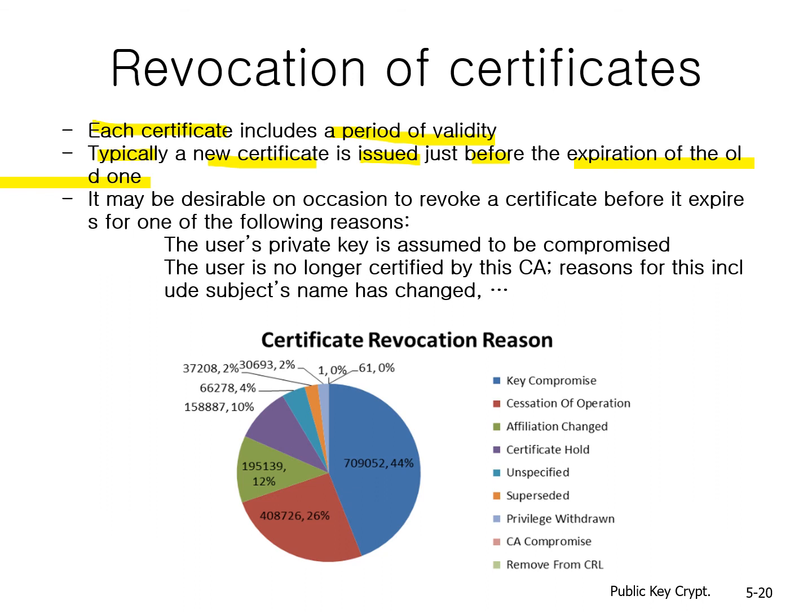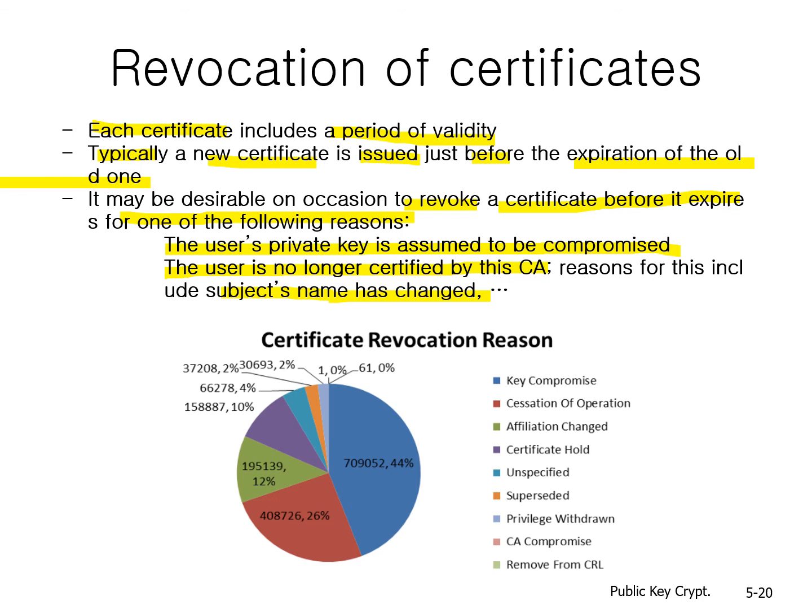So it may be desirable on occasion to revoke a certificate before it expires for the following reasons. First, the user's private key is assumed to be compromised. Second, the user is no longer certified by the CA. Reasons for this include the subject's name having changed, or the birthday having changed.